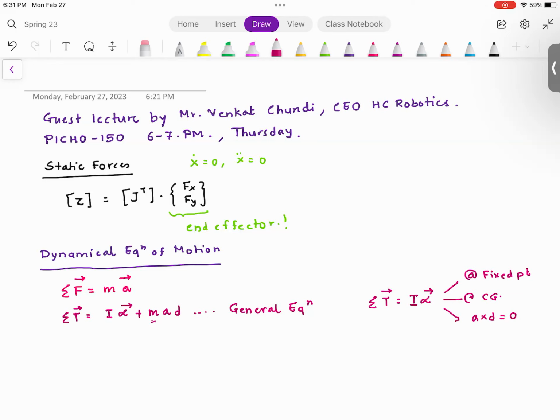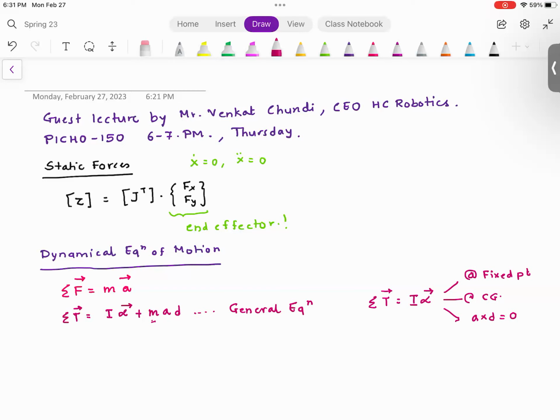So please understand, T is equal to I alpha. This equation is not valid everywhere. It is valid only at a few places, and those are the fixed point, the CG, and when the acceleration vector and the distance cross product is 0.